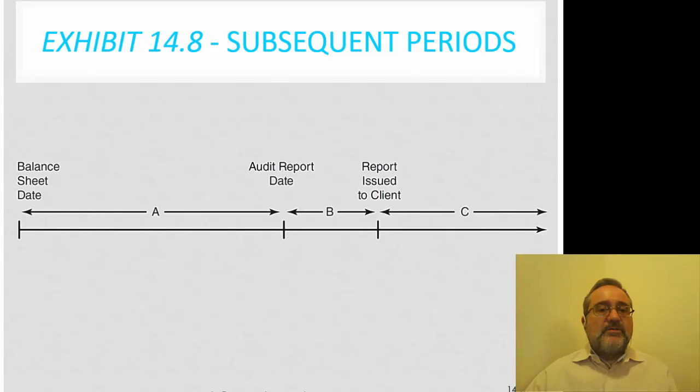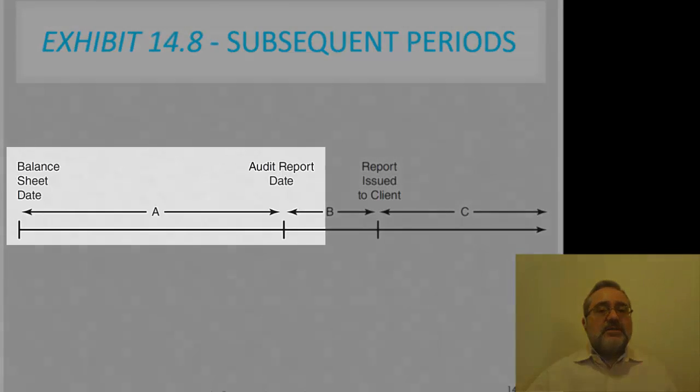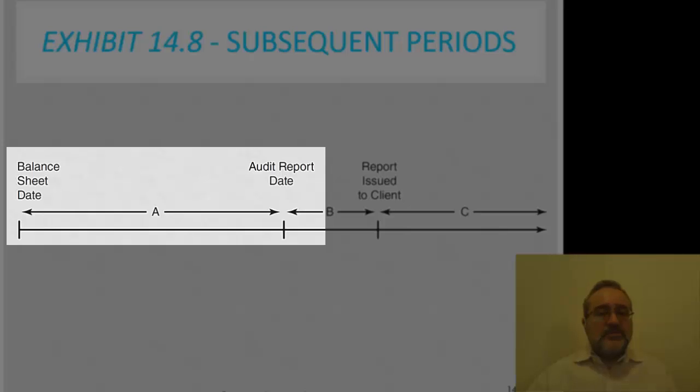So here's what we have. So you notice that the balance sheet date, let's say it's December 31st, this period between the balance sheet date and the audit report date is when the auditor is on site conducting audit procedures.